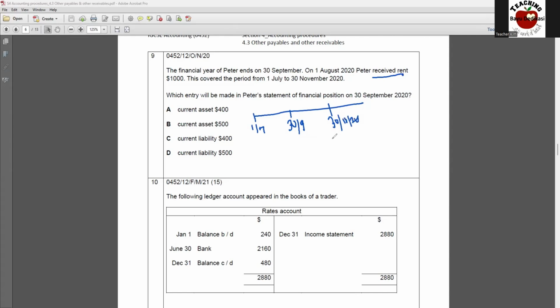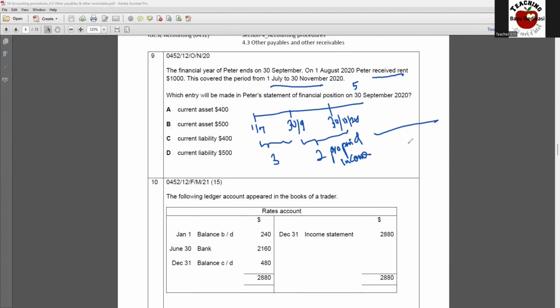From the start to the financial year end is 3 months, and the whole period is 5 months, so that means 2 months here are prepaid.